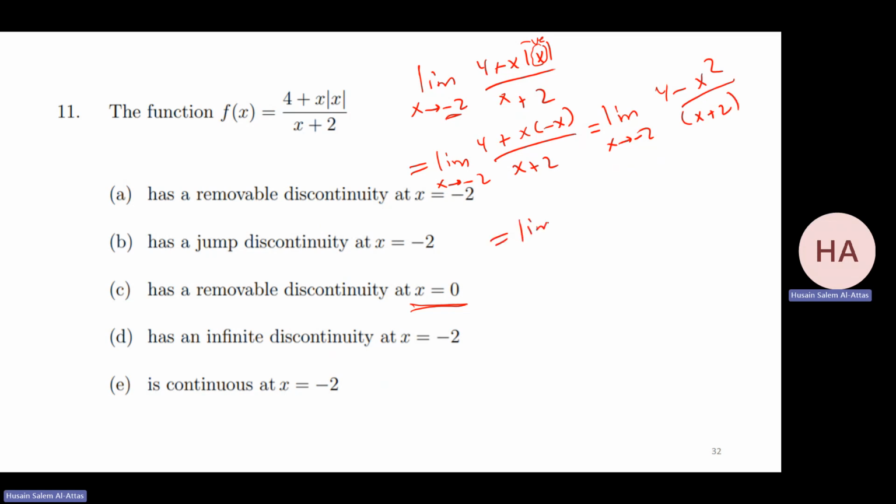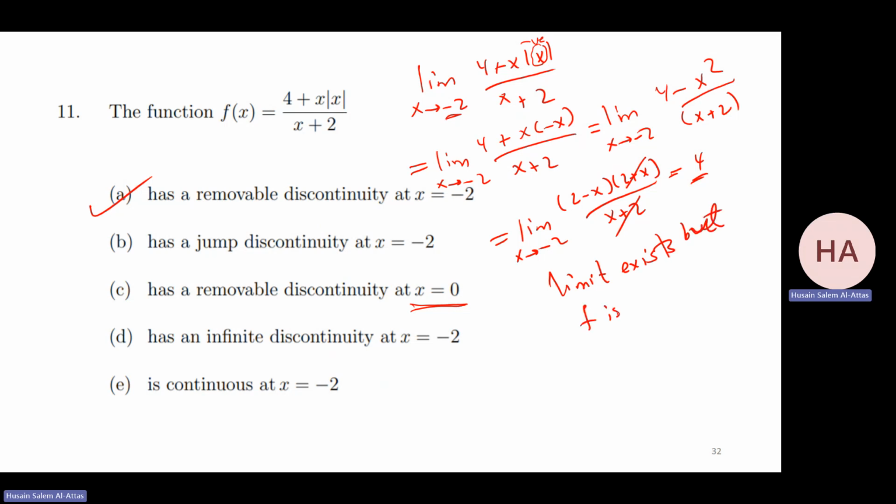And that will be the limit of (2 minus x)(2 plus x) over (x plus 2). This is cancelled. Substitute, you are getting 4. So I have removable discontinuity. The limit exists, but the function is discontinuous at x equal minus 2.